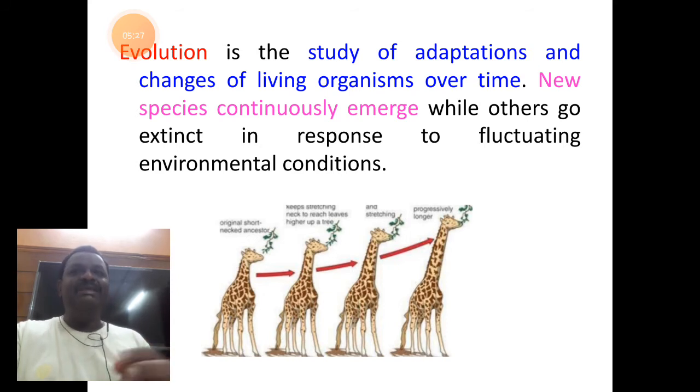Sometimes the organisms that fail to adapt to the newer environment will die, and such organisms will become extinct in near future. So down is the picture, which is a very popular example of the adaptive changes that an organism possesses to develop a new character in them.